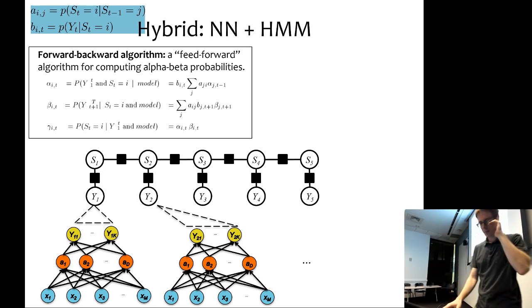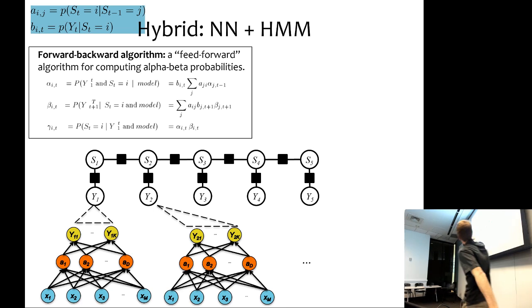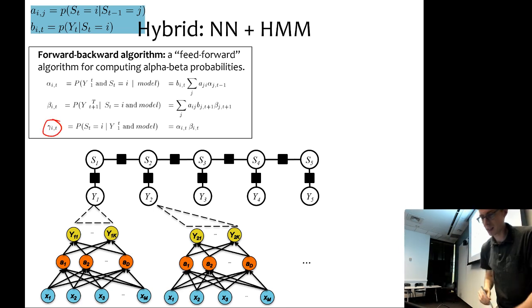We run belief propagation to get marginal probabilities, denoted by gamma, for every hidden state variable.